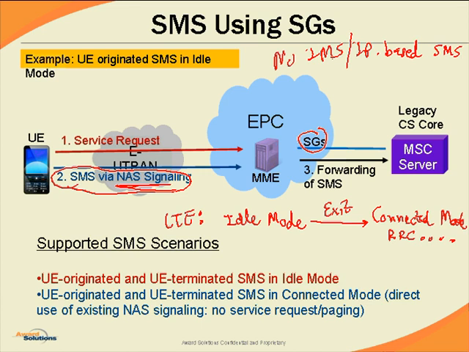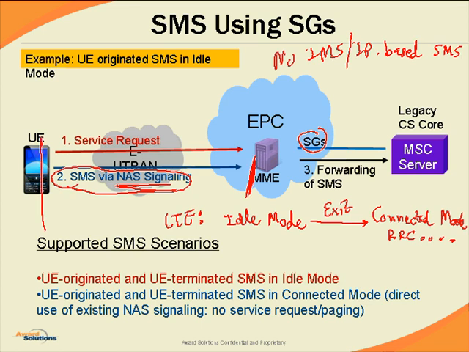Okay, I see some answers. MME, perfect, yes, MME. So we have now the UE including the SMS message inside some NAS message, and I will give you the exact name later in the next couple of minutes. But basically, we do have the NAS connection between UE and the MME.